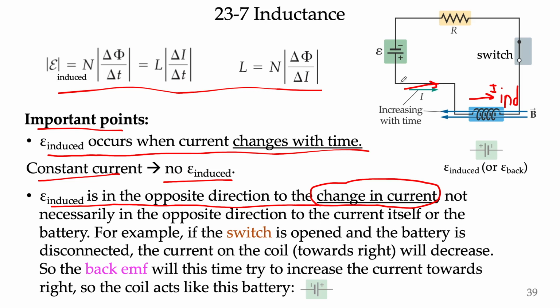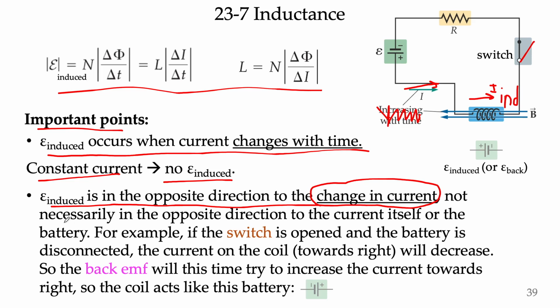Let me tell you again. If I open the switch, the current is not increasing with time, it's going to be decreasing with time. So now the current to the right is decreasing, and the coil will try to increase the current to the right. So it's opposing the change in current.